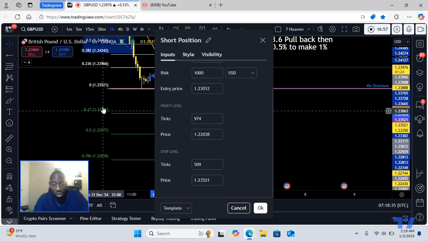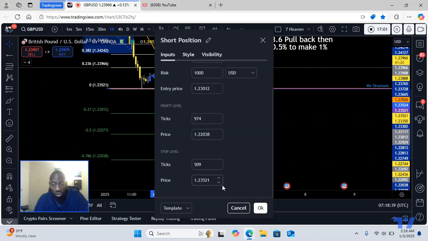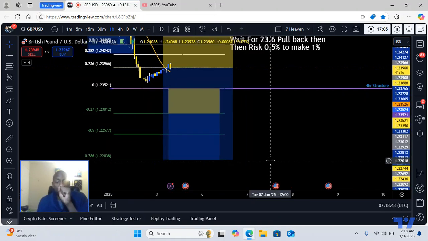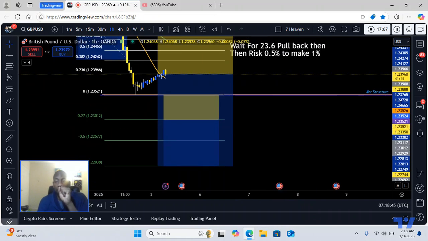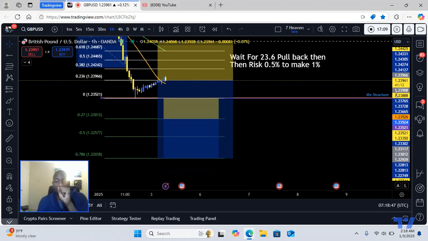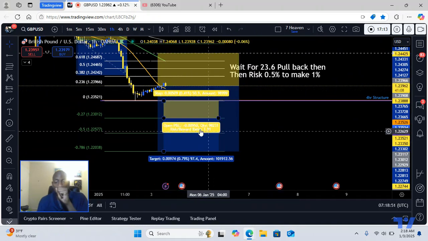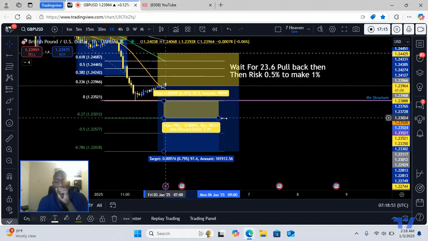I'm just copying all the numbers, right? I'm copying all the numbers. Okay, this is already set. Boom. And then I have that. There you have it. My setup, right? The Robin trap. The Robin trap is this right here.